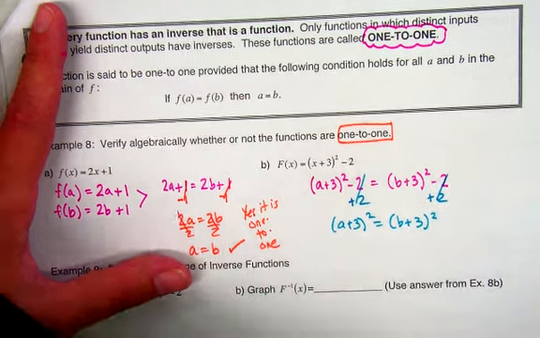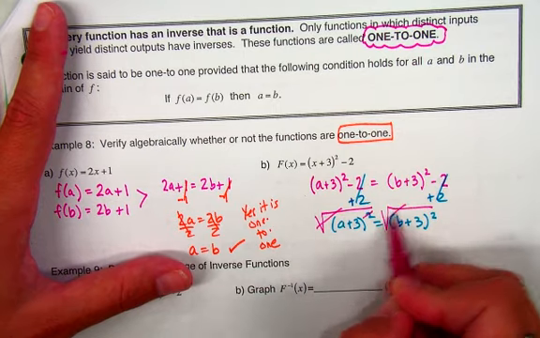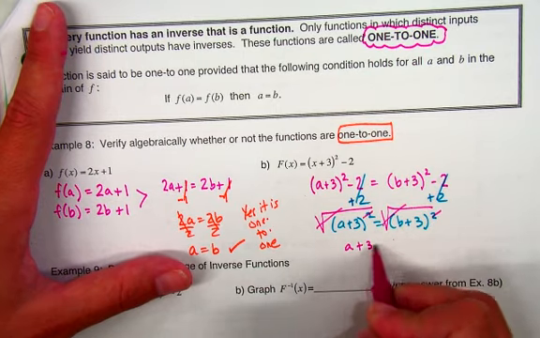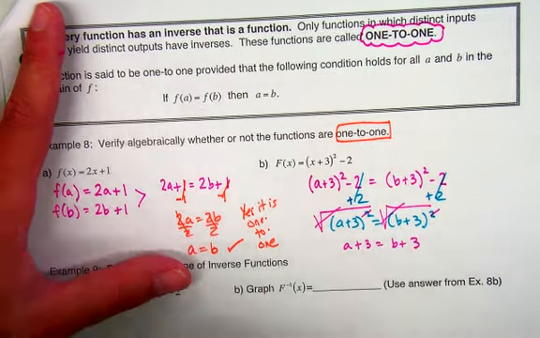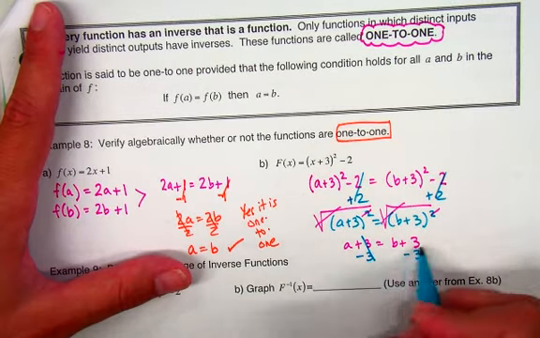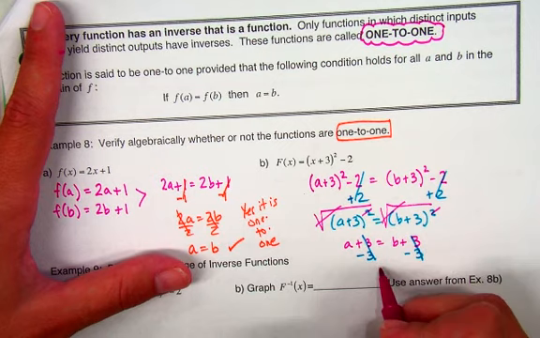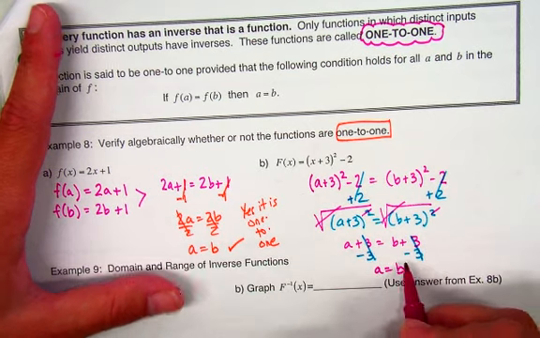And then I'm going to take square roots of both sides. Is it plus or minus? No. Because they're both square roots, you don't have to worry about it. So it did work out to be one-to-one.